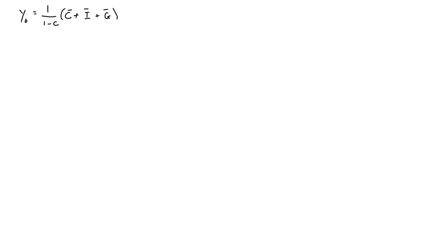Before, all we had was C plus I, but now we have added government spending as well. Therefore, the end result is your multiplier times your autonomous spending, but now we've added G.